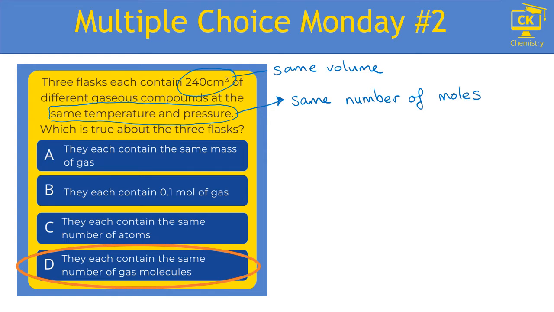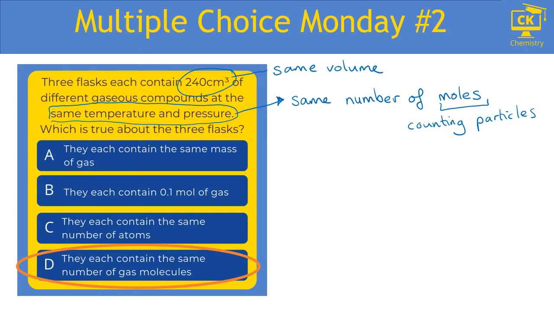And remember, moles is a way of counting particles. So if my gas was made of individual atoms, then each flask would contain the same number of moles of atoms.